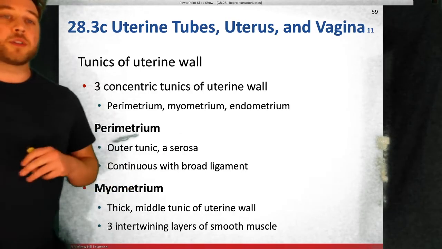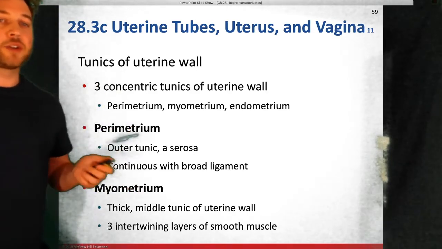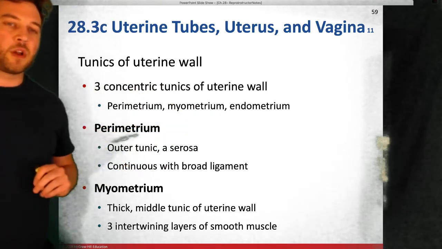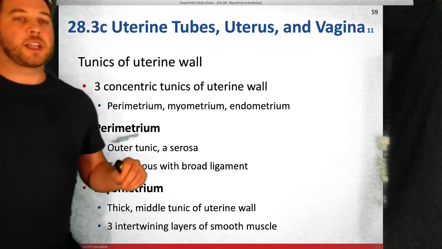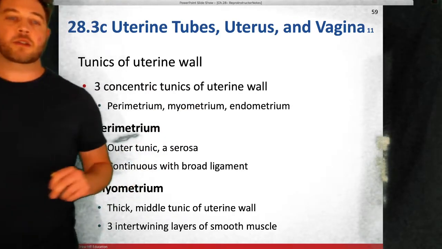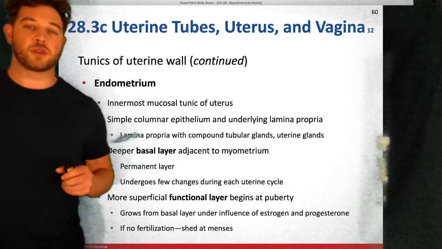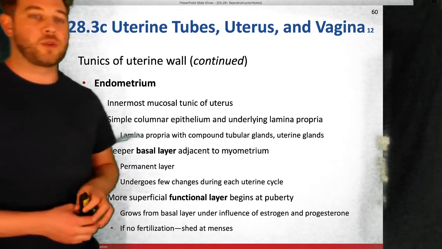There are 3 walls, 3 tunics, to the uterus. Your perimetrium is your outer tunic, continuous again with that broad ligament that's just connecting all of those pelvic structures. The middle thick layer is the myometrium, your muscle layer. It has, again, 3 intertwining layers of smooth muscle, as opposed to just the normal 2. And then the endometrium is the innermost mucosal tunic.